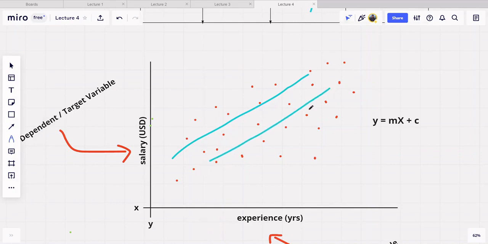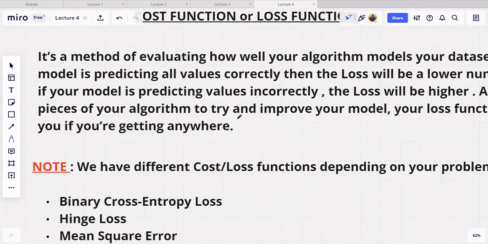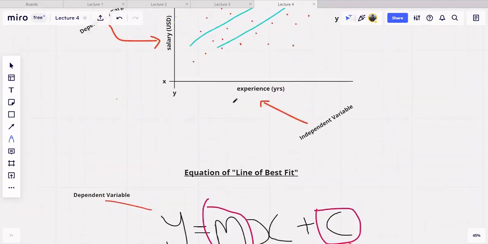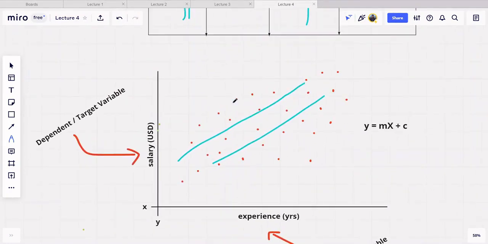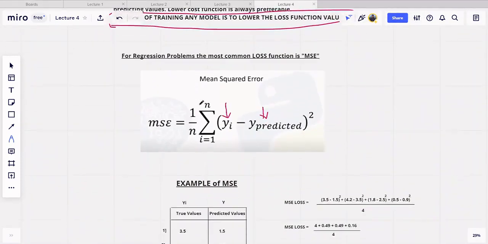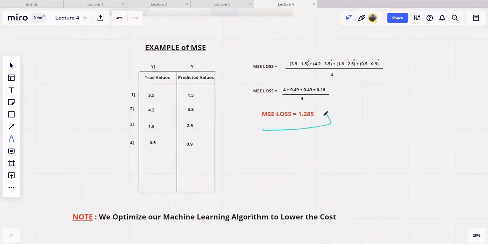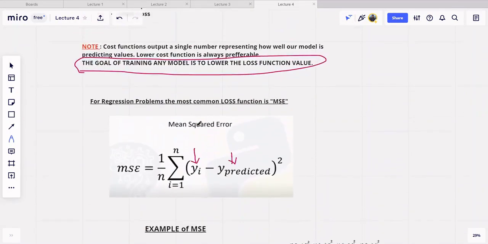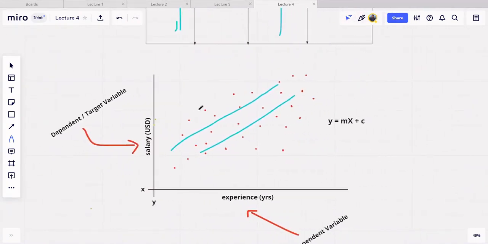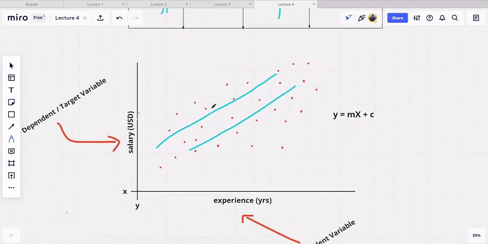In order to find out which line is better, I can make predictions using both these lines and calculate the loss, the mean squared error, for both of them. The best line would be the line which gives me the lowest cost. So now we have a way to judge which line is better and which is not.